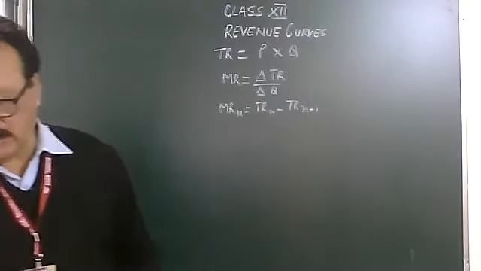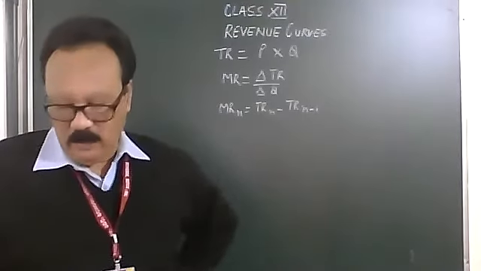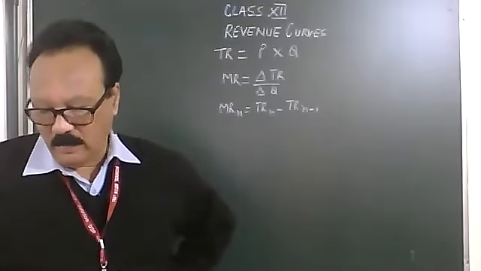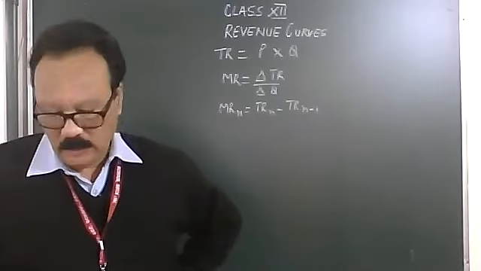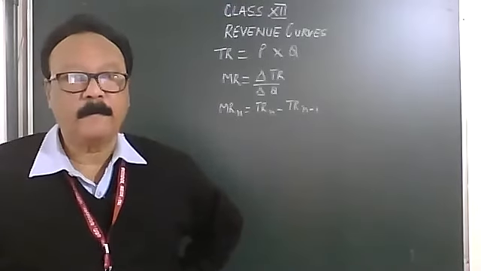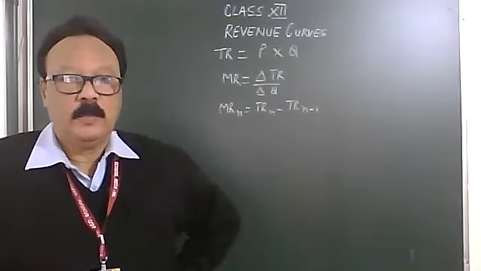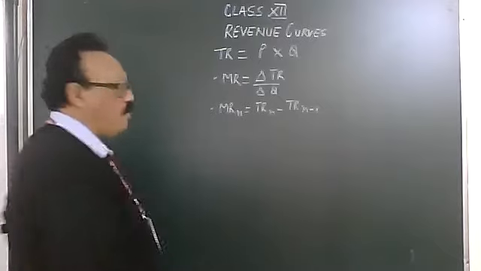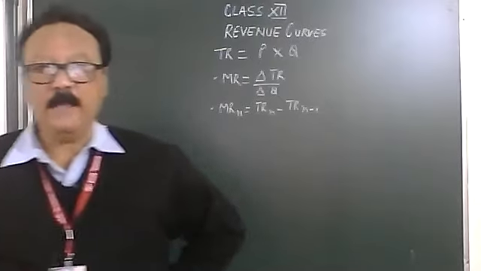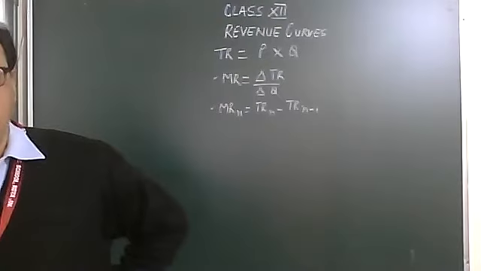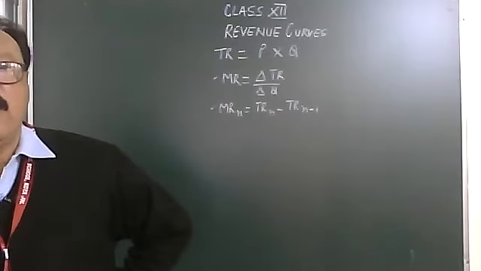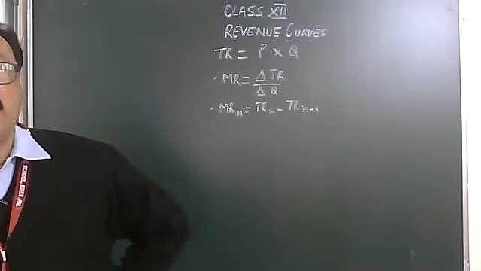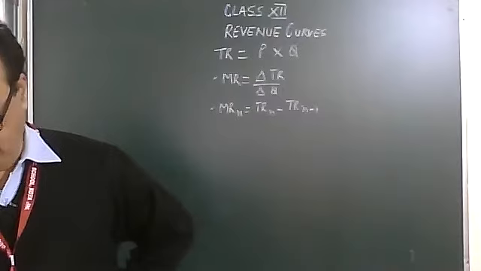It is the addition to the total revenue which results from the sale of one extra or one additional unit of output. So there are two ways to calculate MR. Depending on the situation, we would use them.